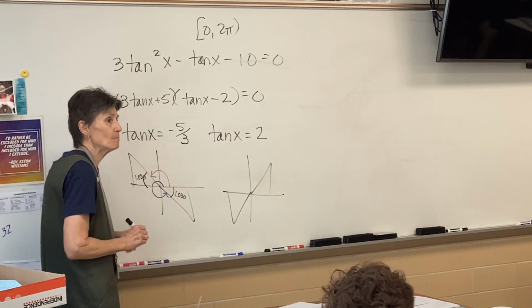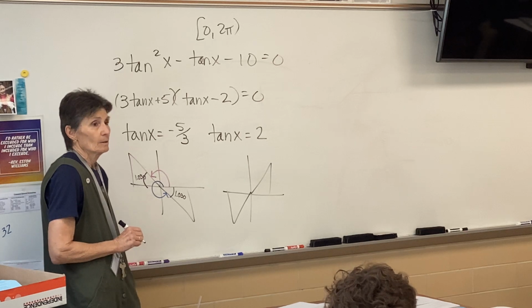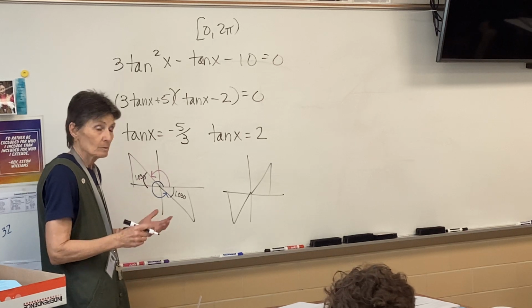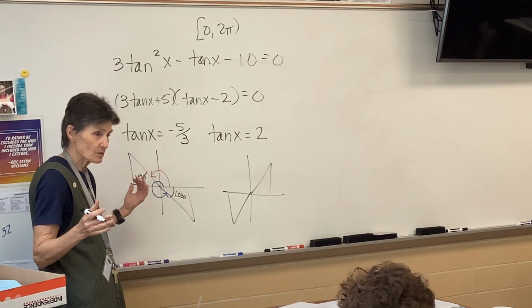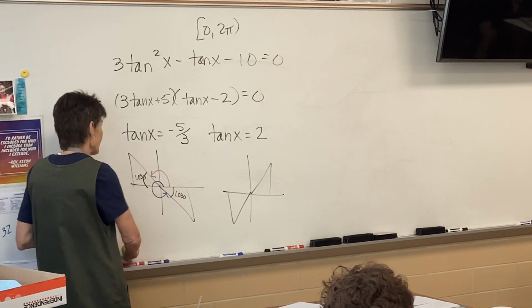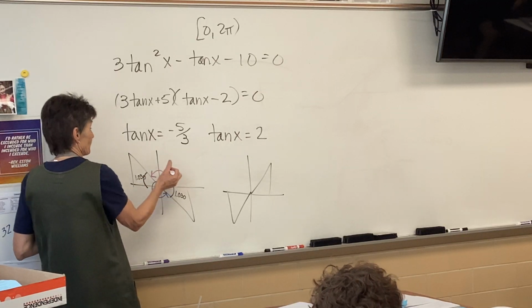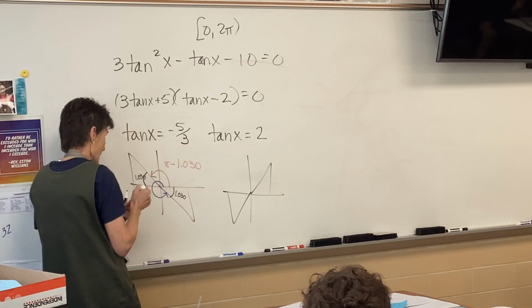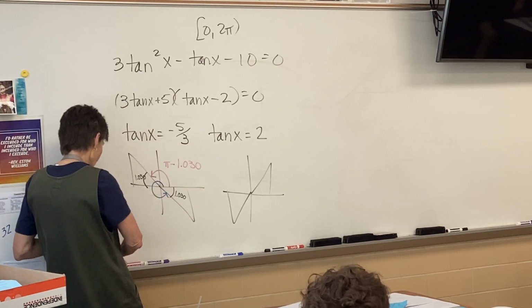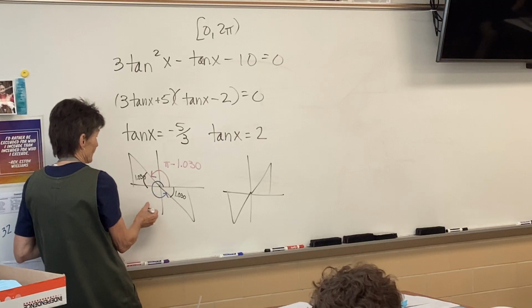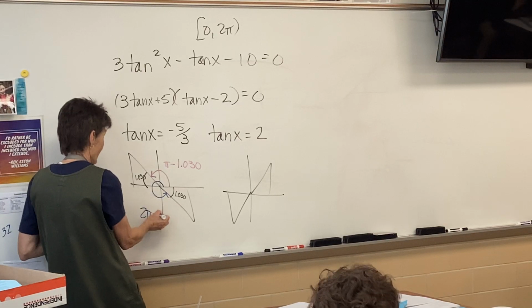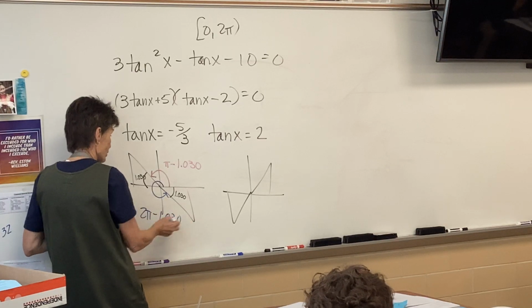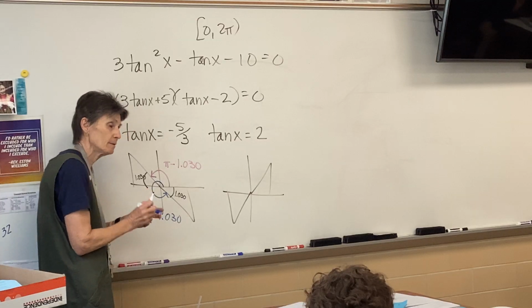Is that what you got? Okay, now, 1.030 is not an answer. How am I going to find the pink answer? Pi minus 1.030. And how am I going to find the blue answer? 2 pi minus 1.030. Just look at the situation.